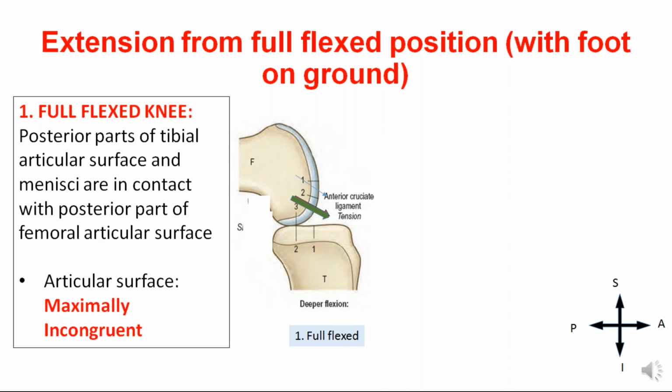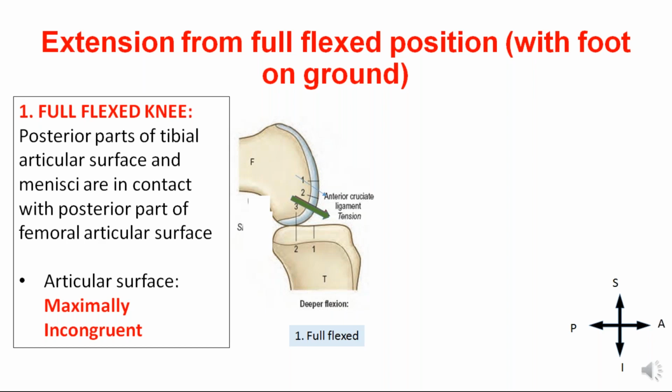When you are standing, you are going from a fully flexed position to the fully extended position of the knee joint while your foot is still on the ground. So we are now discussing the mechanism of extension from the fully flexed position of the knee with the foot on the ground.